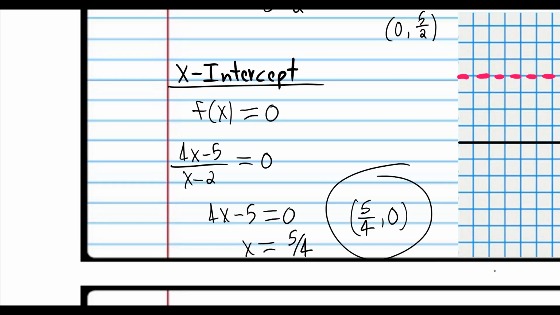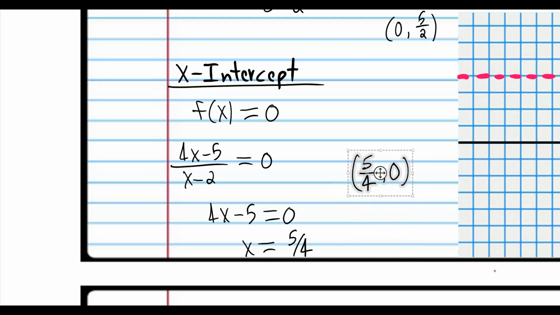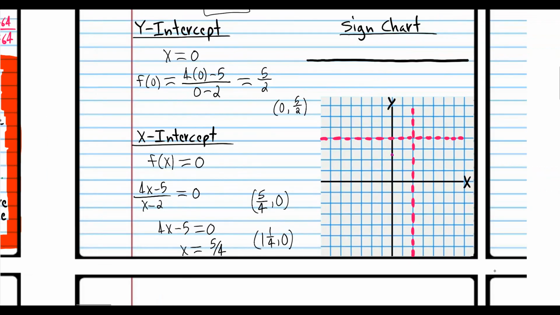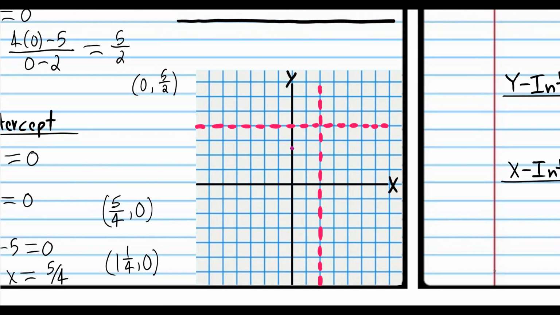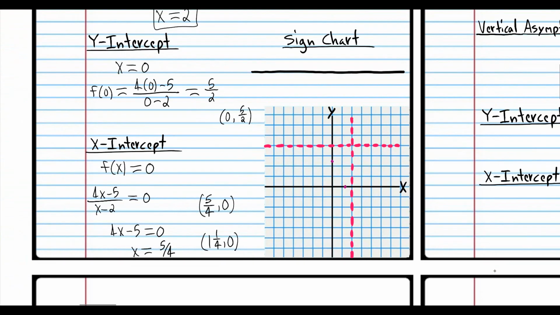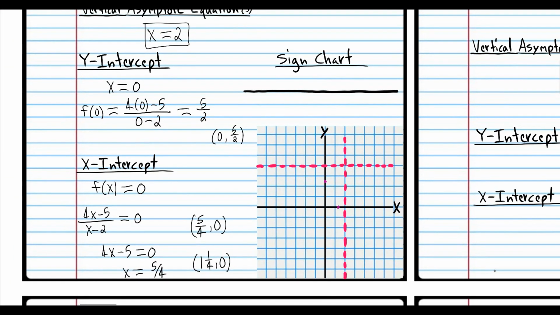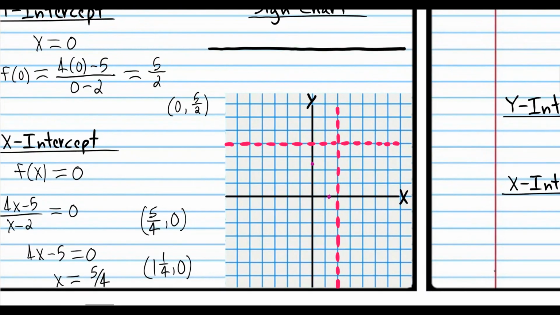Or we can change that to a mixed number. We can say 1 1/4, comma 0. Okay. So we have that point there. So now we're ready to graph.